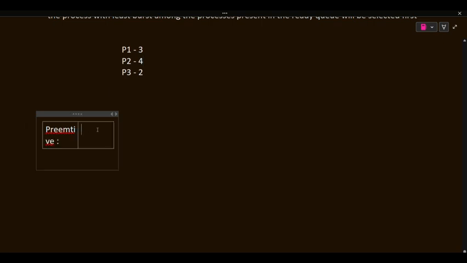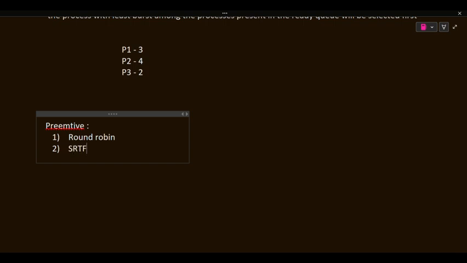And next to that, we have another type of algorithms, the preemptive algorithms. Preemptive algorithms are mainly divided into three types. First one is round robin, and then we have shortest remaining time first, SRTF, and then priority scheduling.